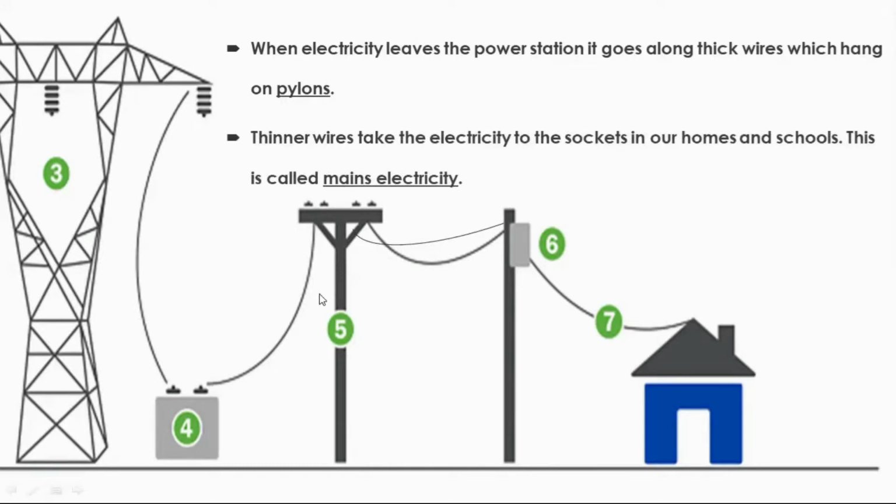These wires are thinner than this wire, right? So electricity from the thick wires has gotten into thinner wires, which take the electricity to the sockets in your home and in your school. This is called mains electricity.